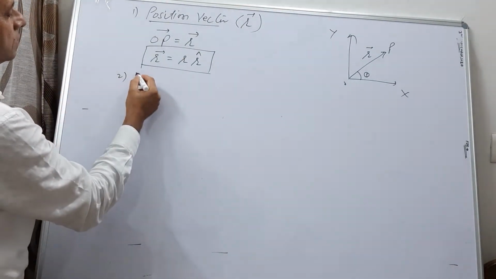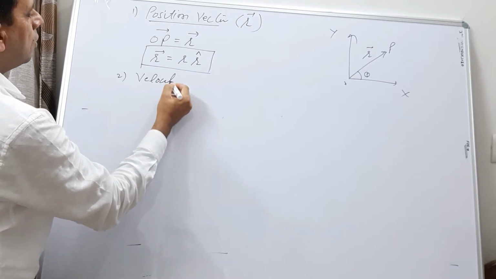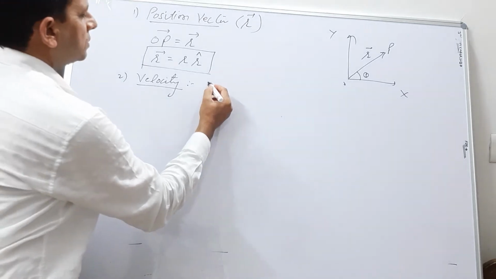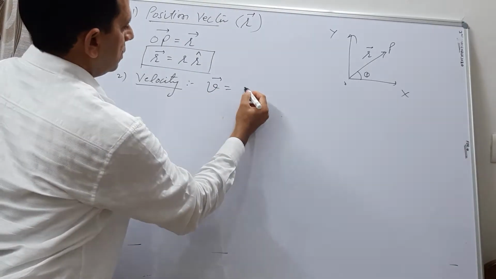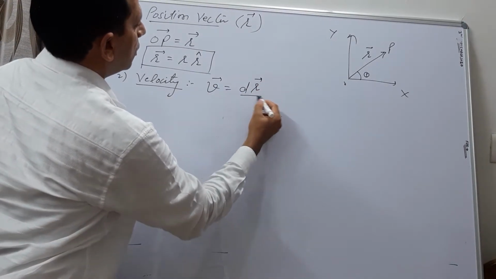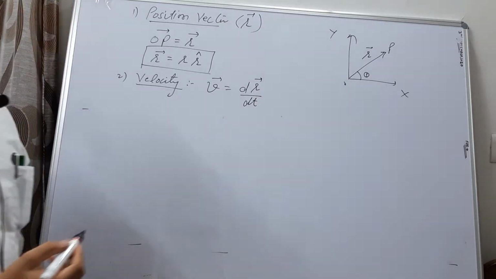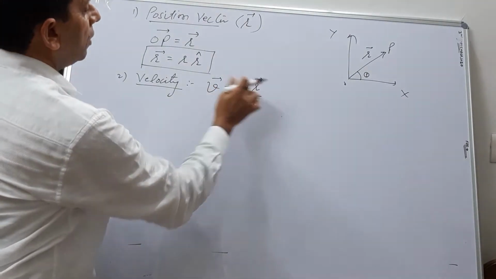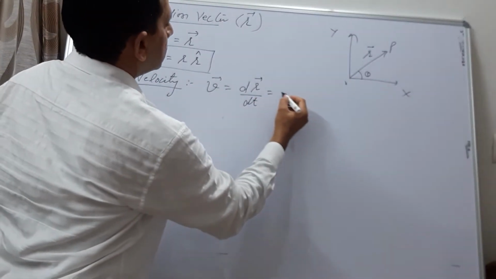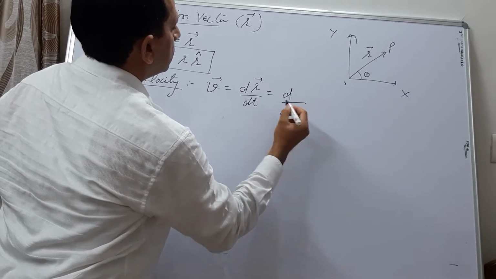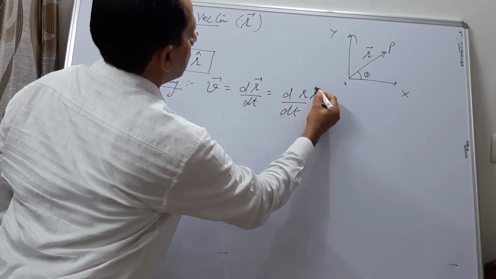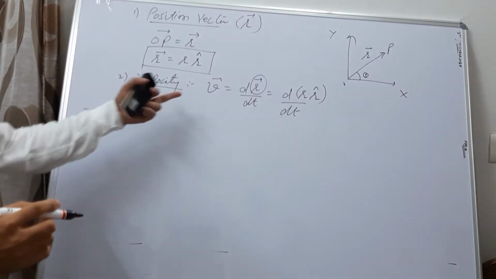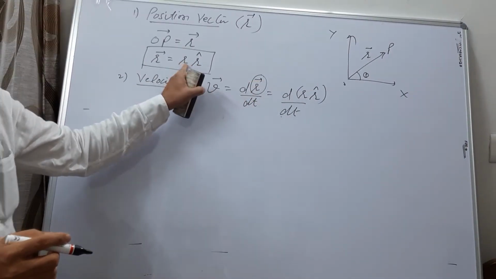And the second one is velocity. We know that velocity is the rate of change of position vector or displacement. So, putting the value of r here, we will get d by dt of r into r cap. I have put the value of this r vector from here.